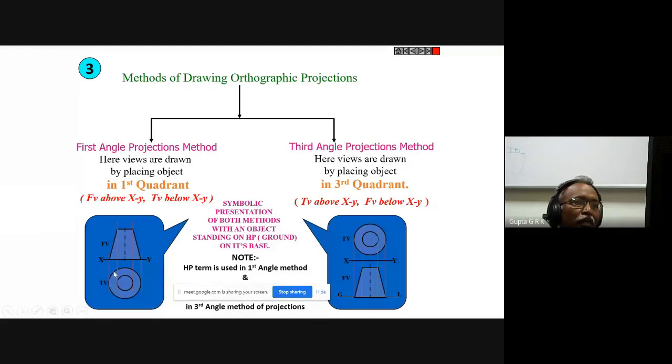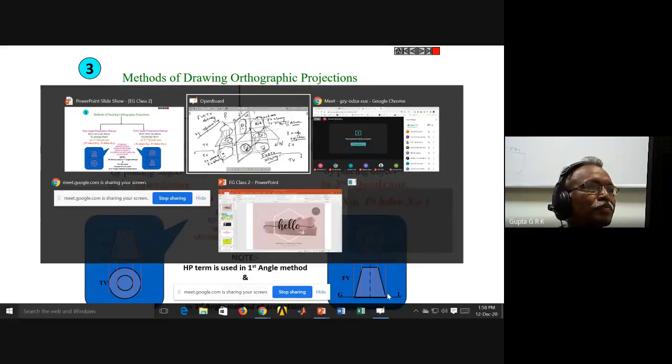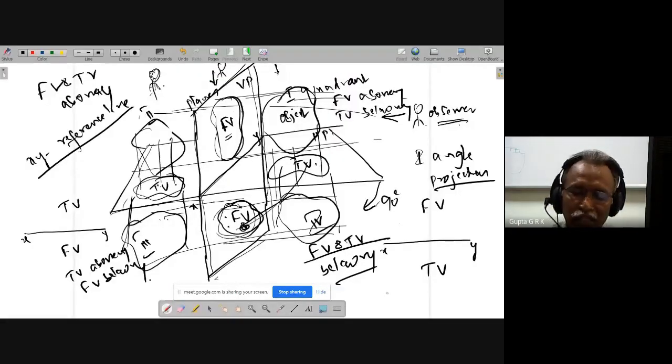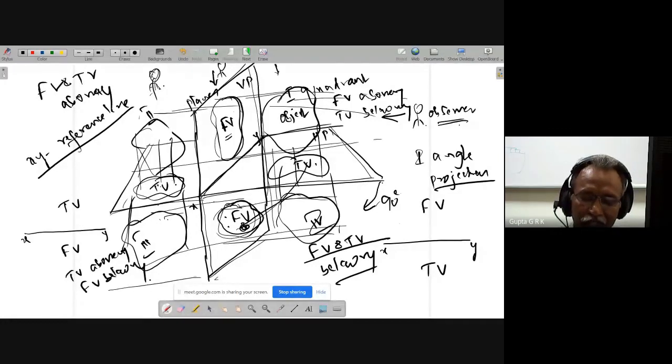And in the first angle projection, horizontal plane is horizontal plane only. But in the third angle projection, this plane is called the ground line. Okay. So here in the first angle projection, this HP is the plane on which I am keeping the object. Okay. I can keep an object there. But here for third angle projection, where should I keep the object?